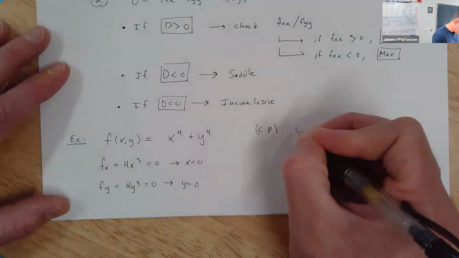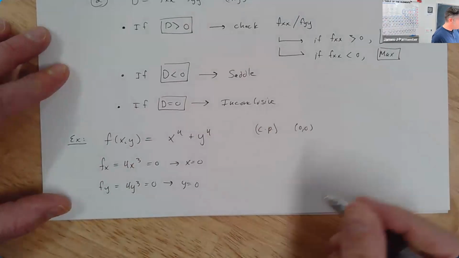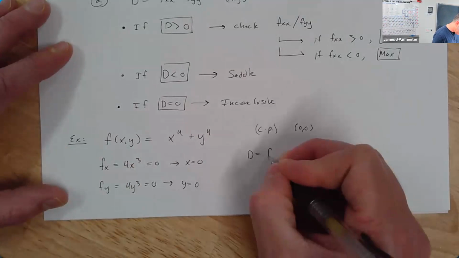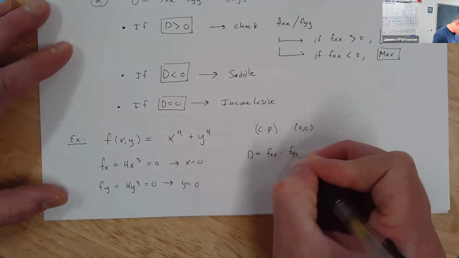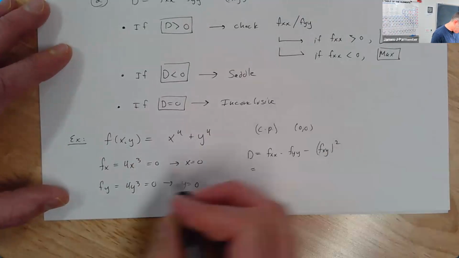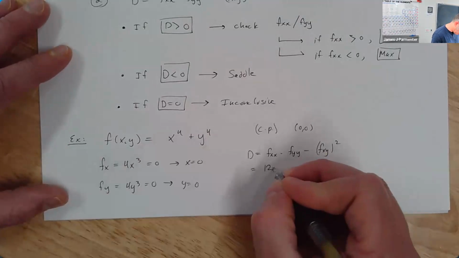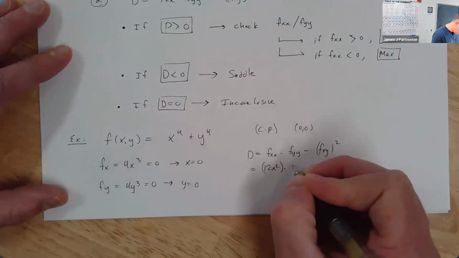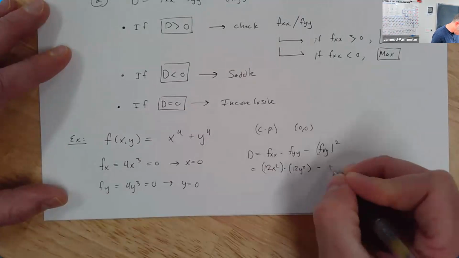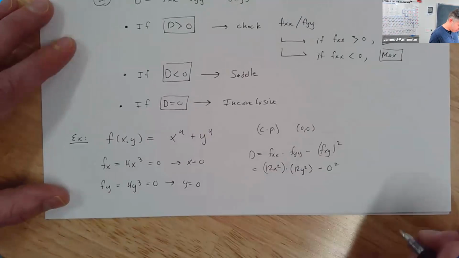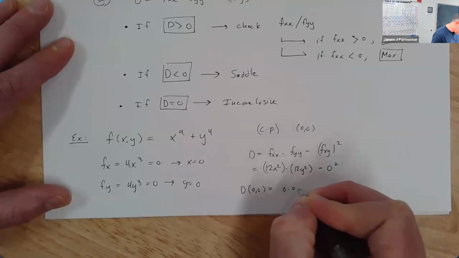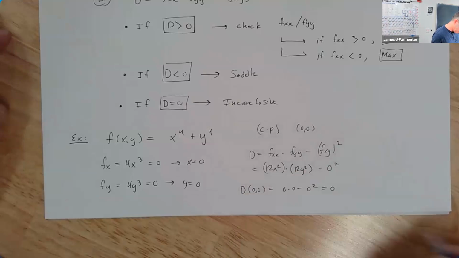Not very exciting. Now if we find capital D, it's going to be fxx times fyy minus fxy squared. fxx is going to be 12x squared, fyy is going to be 12y squared, and fxy is just going to be 0. And if I plug in 0, 0, I get 0 times 0 minus 0 squared, which is 0.